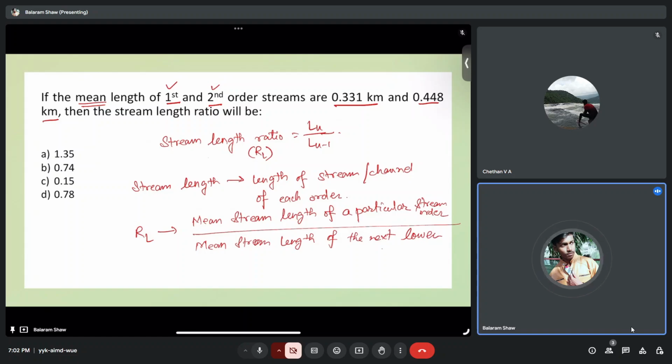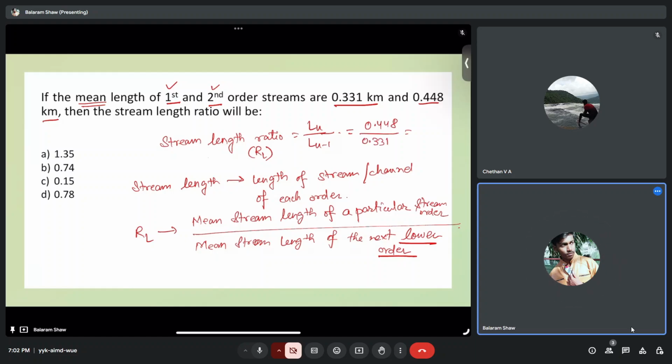Just keep in mind which order is used, because there are some ratios in which we take the next higher order, and some ratios in which we take the next lower order in the denominator. So here the second order is 0.448, and the mean length of the first order is 0.331.